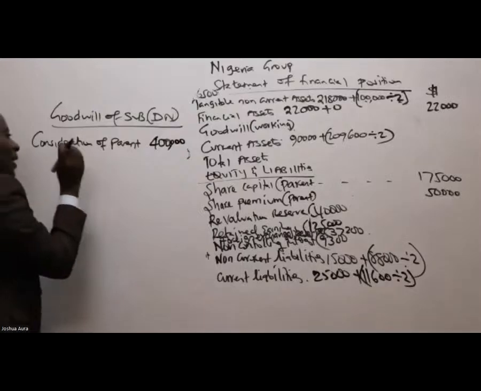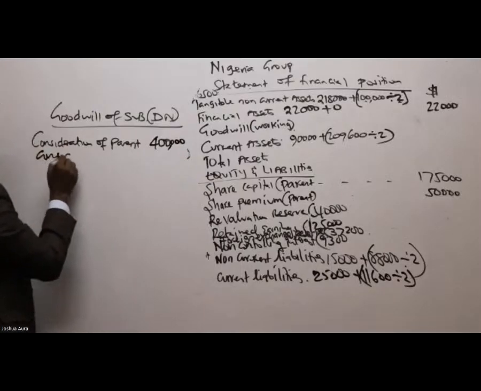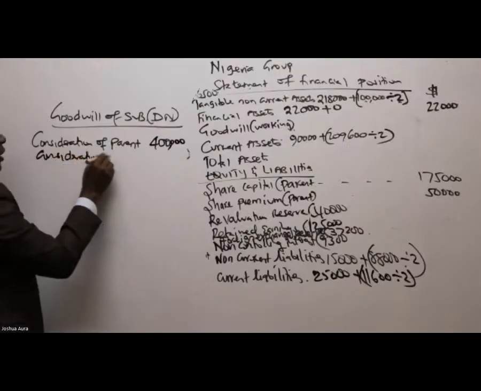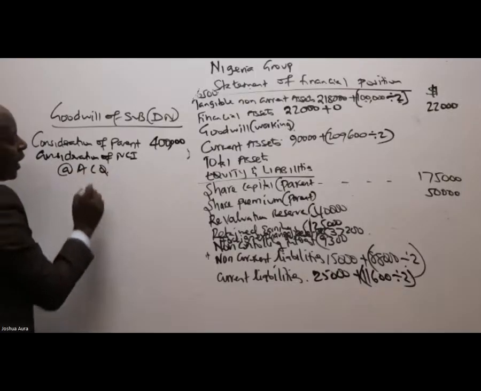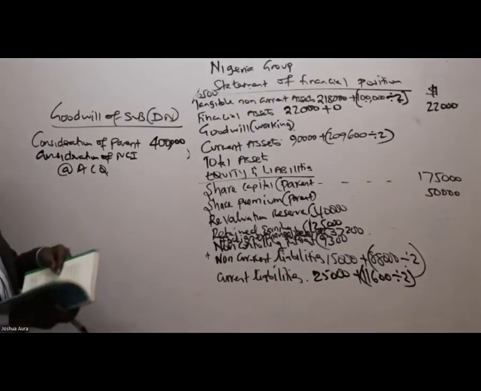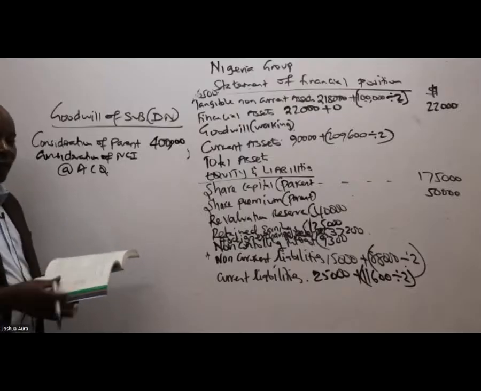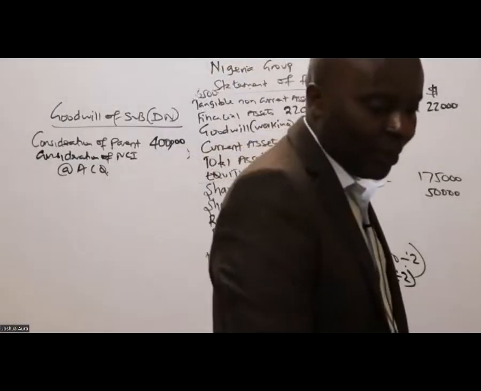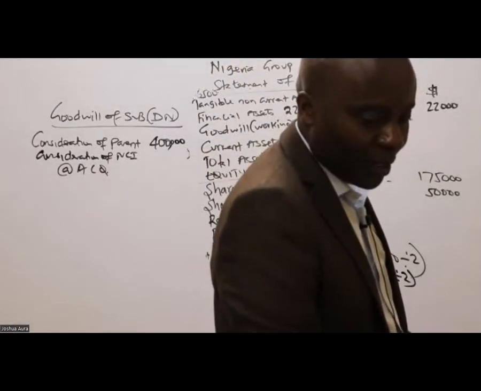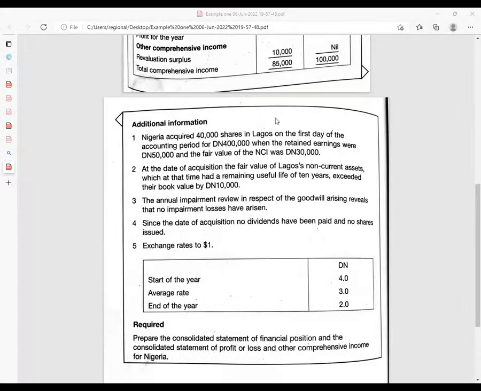Now, of course, the parent never bought this subsidiary 100%. We have the consideration of NCI at acquisition. Have they given us NCI at acquisition? How much was NCI worth at the date of acquisition?